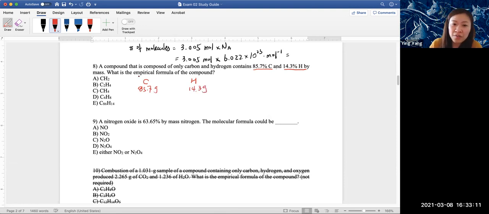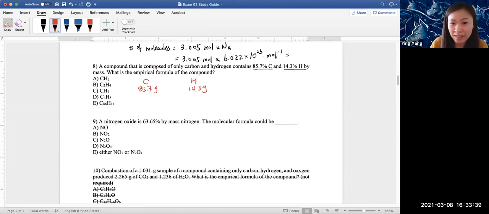Now, in order to find the empirical formula, we need to find the number ratio between carbon and hydrogen, right? And the number ratio equals their molar ratio. So what we need to do next is, based on their mass, we find the number of moles. And from the number of moles, we find out their molar ratio, which equals their smallest number ratio, right?